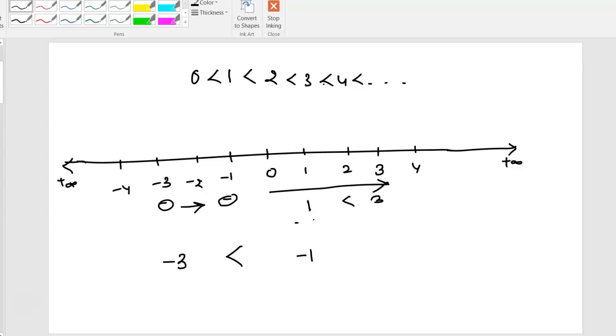Again, an interesting thing is that all the positive numbers are to the right of the 0. So it means that all positive numbers are greater than 0.